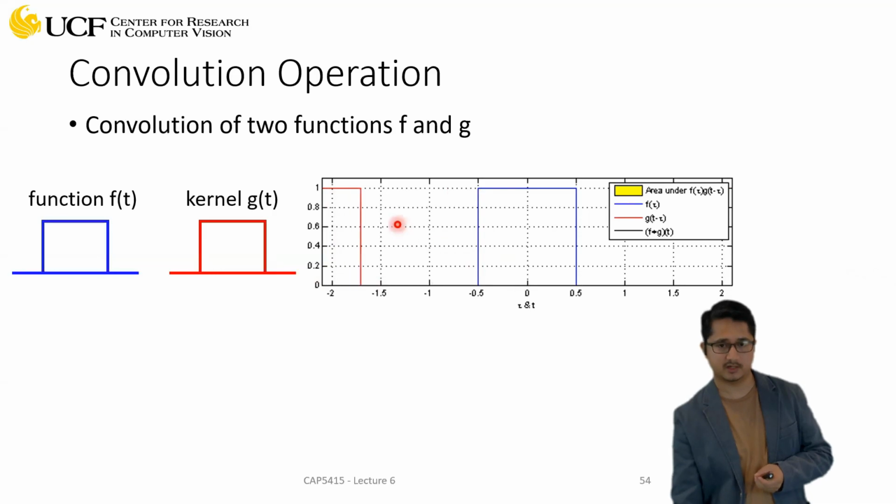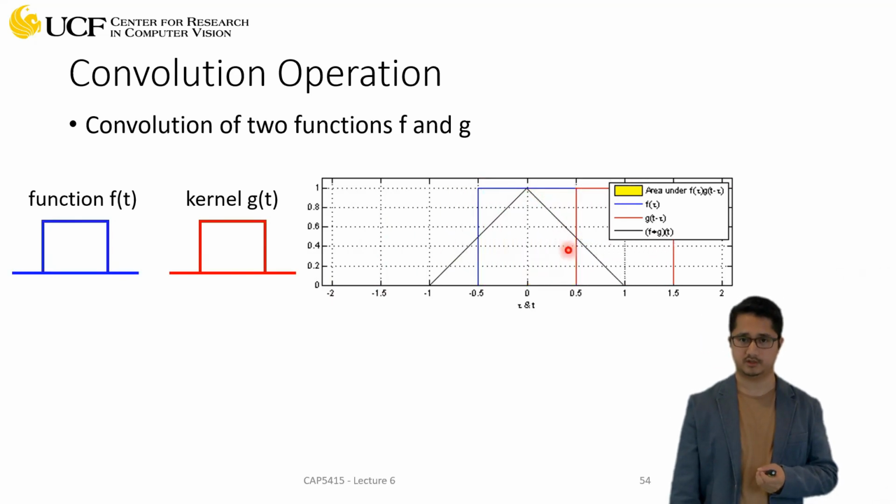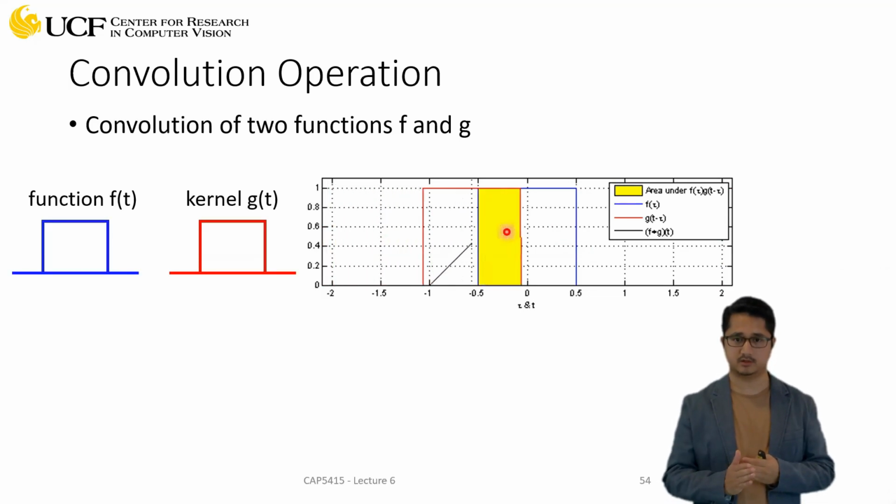Because if you look carefully, this red region here, at this point, it's starting to overlap, which is indicated by this yellow color here, right? So the area of this yellow color actually shows how much overlap you have between function f and kernel g at this particular time step.